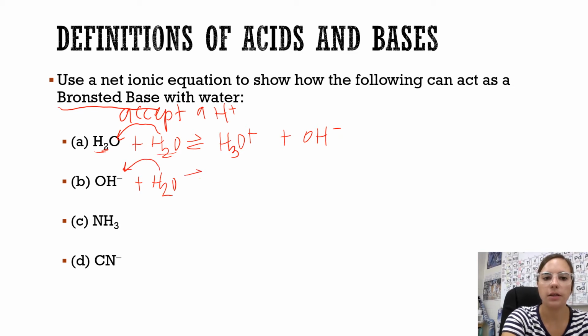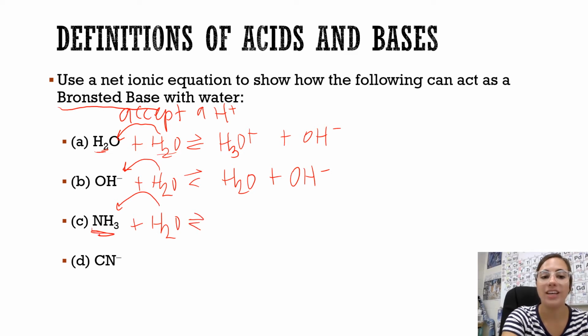So accepting it becomes H2O and OH minus. Accepting a hydrogen. Now, if this is neutral, when it gains a positive hydrogen, it now becomes NH4 plus and OH minus.